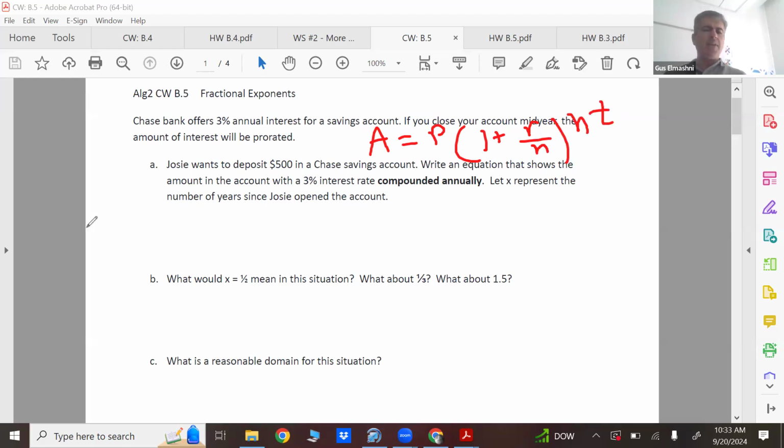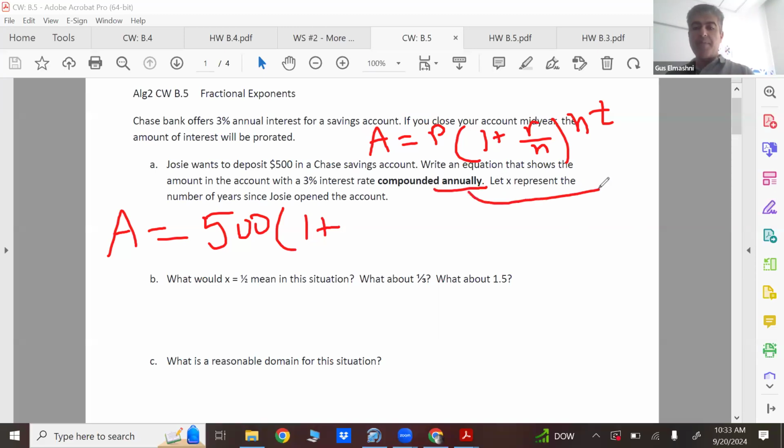Okay. What does P represent again? Do you guys remember? What's your principal? $500. Good. What's my interest rate? And how often am I doing it? Just once. So N is 1, because you're compounding annually.